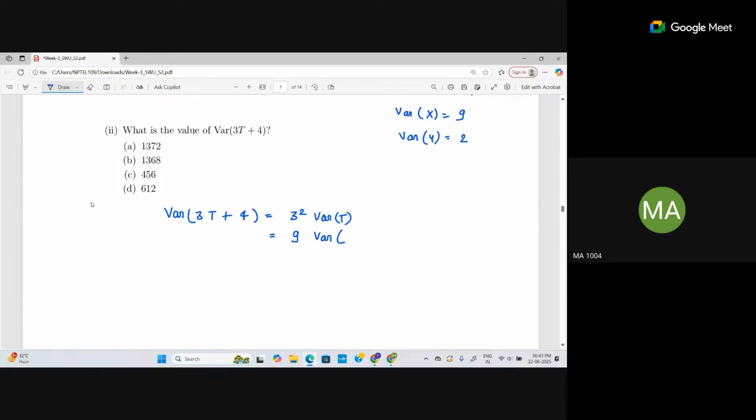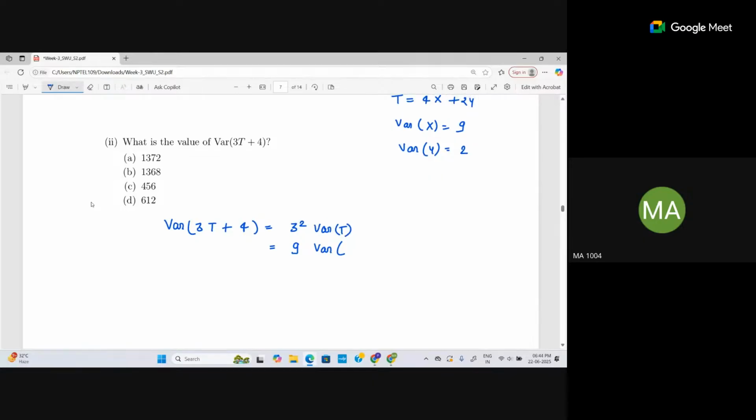Now we can put the value of t. So t is equal to 4x plus 2y. So now again what will it become? 9 times 16 variance of x. It will become 4 square times variance of x, which is 16 times variance of x, plus 4 times variance of y.